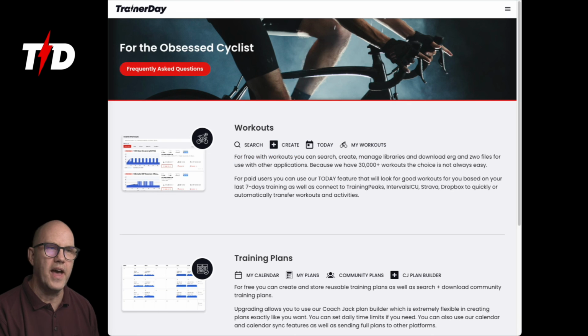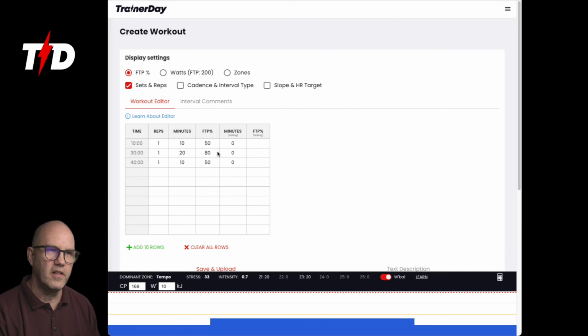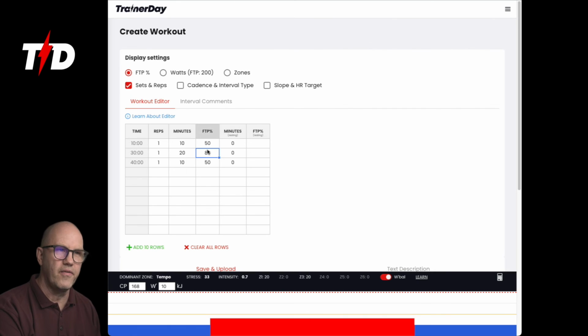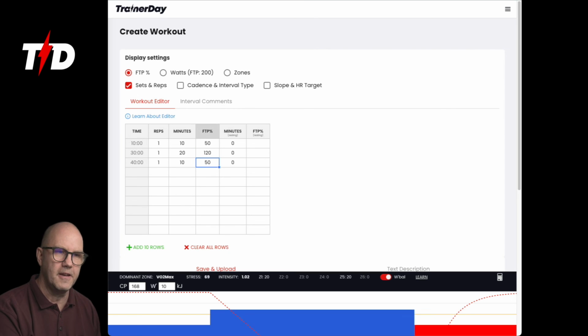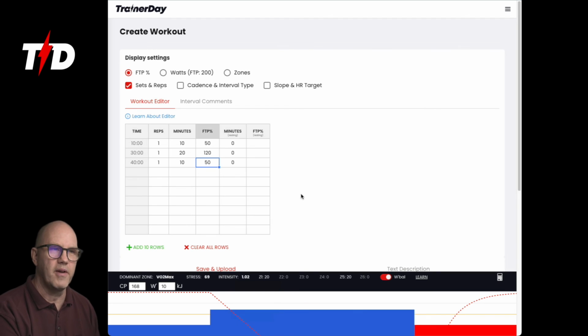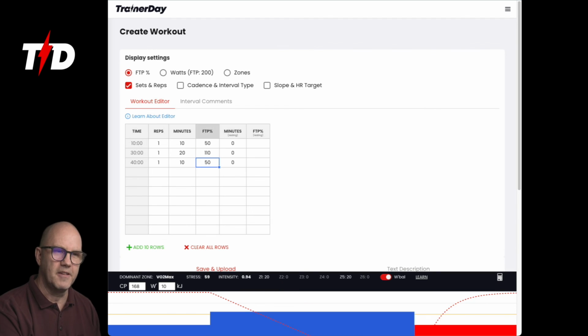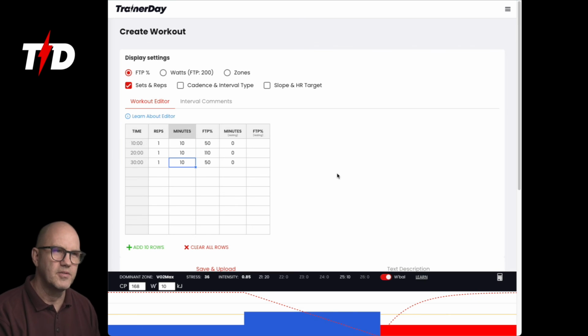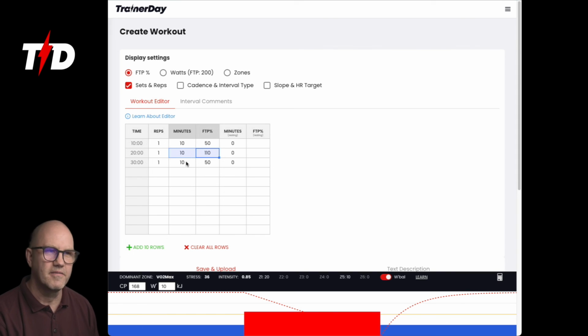You could do that in a single interval. I can take a single interval for 20 minutes and put it at 120%, and there's no way I'm going to be able to do that. Even 110%, there's no way for 20 minutes. Can I do it for 10 minutes? Maybe, 10 minutes at 110% is slightly possible, not very likely.